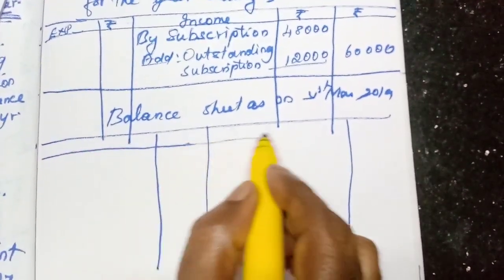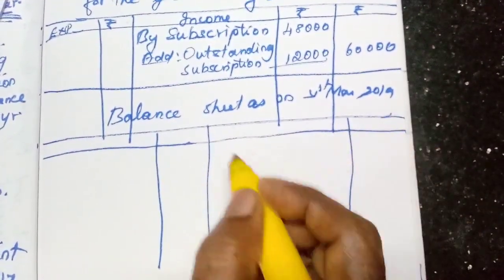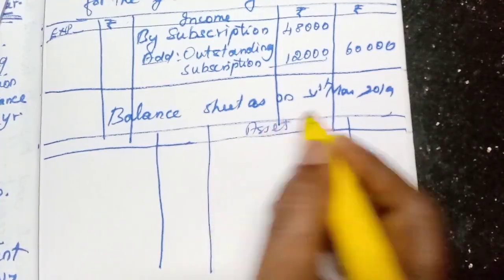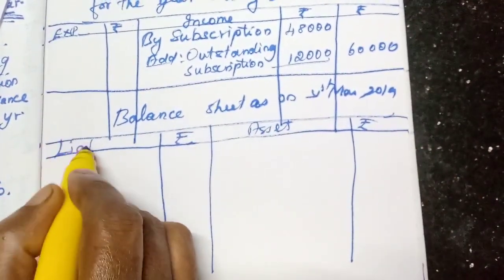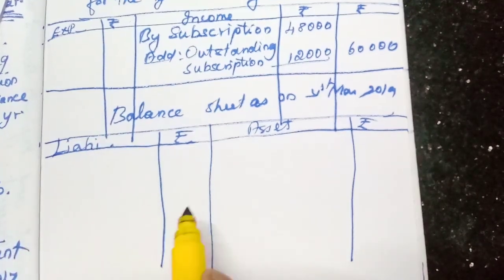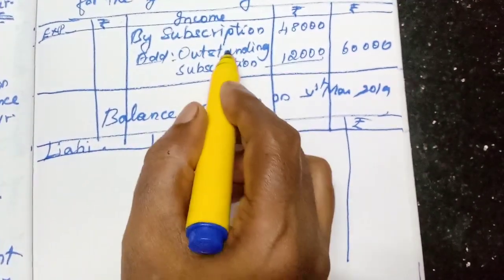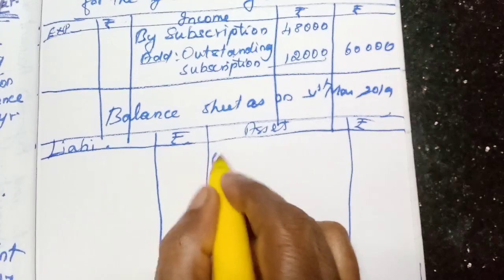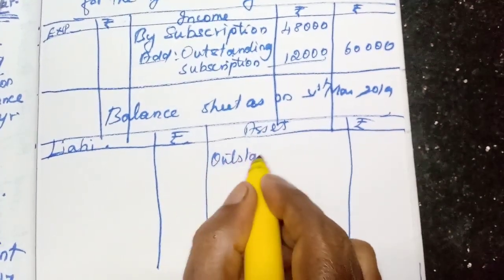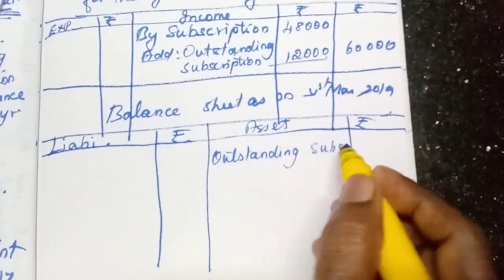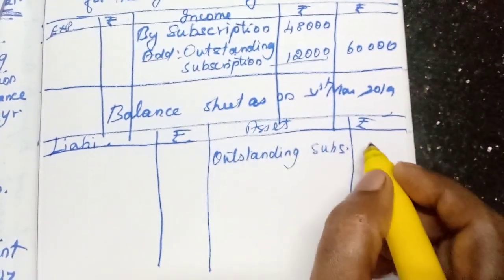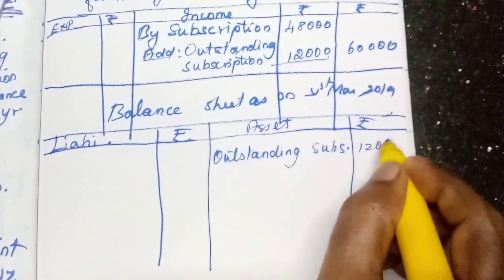Here, assets, rupees, liabilities. Then outstanding subscription will come on the asset side, because it is an asset. Next year we can receive that one, isn't it? So it is an asset. How much? 12,000.